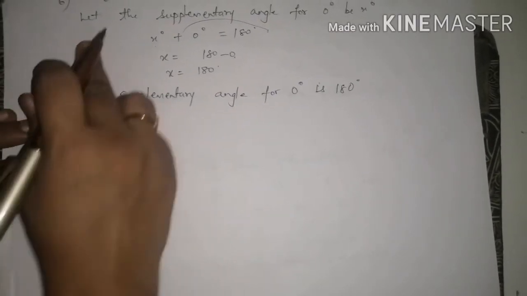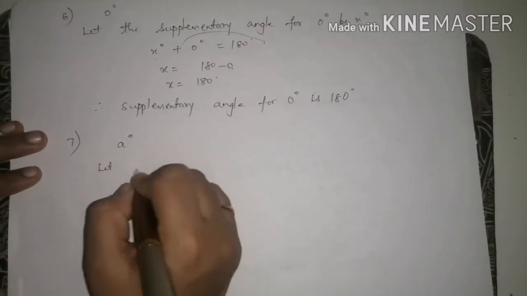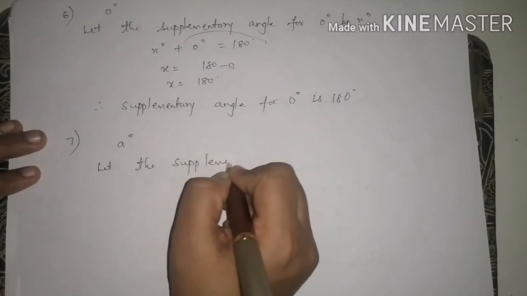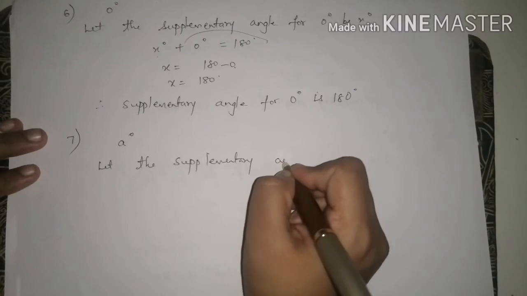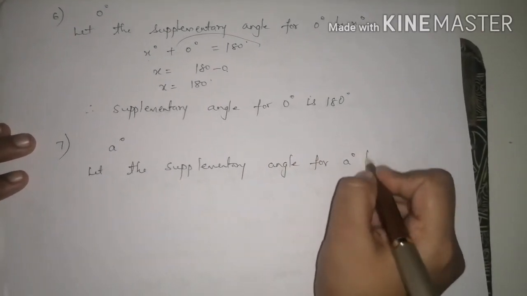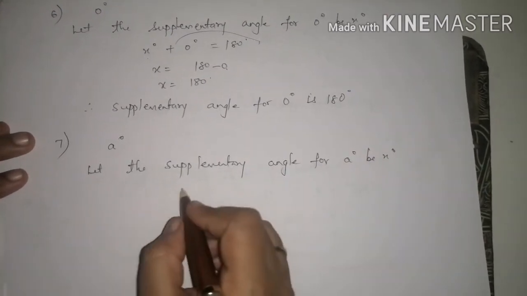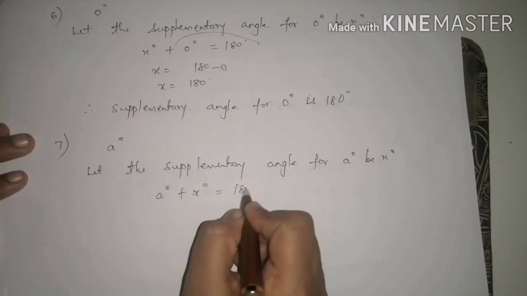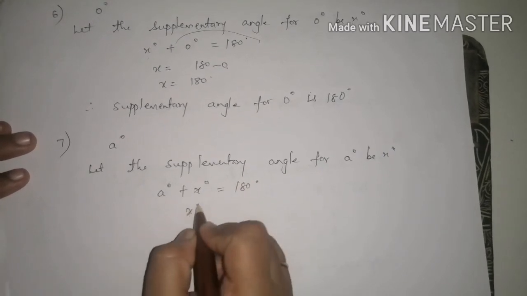The seventh one is a degrees. As usual write the first step. Let the supplementary angle for a degrees be x degrees. So add this: a degrees plus x degrees is equal to 180 degrees. x we have to find.